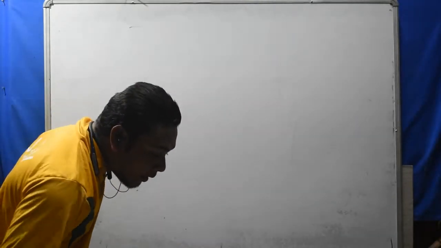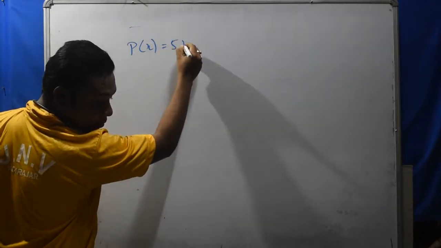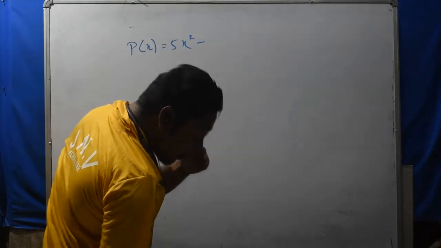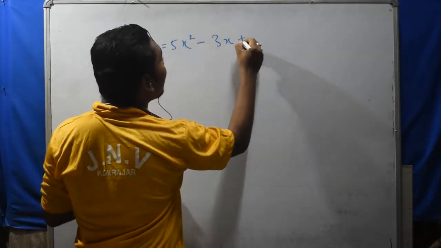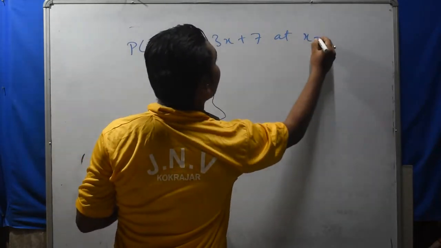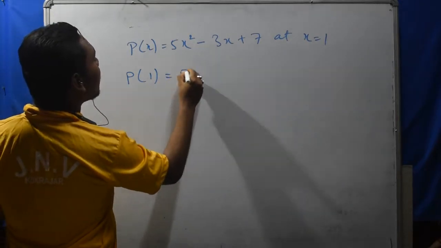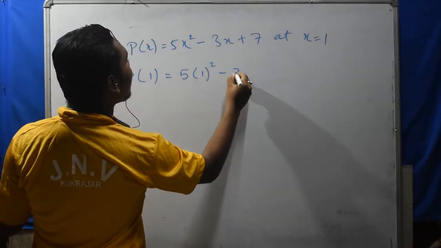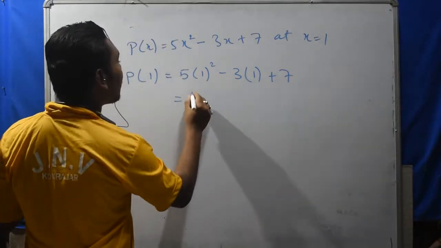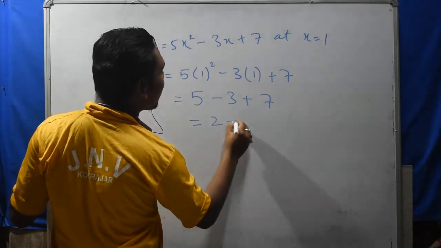So let us check p(x) equal to 5x square minus 3x plus 7 at x equal to 1. p(1) will give you 5 into 1 square minus 3 into 1 plus 7, which is 5 minus 3 plus 7. 2 plus 7 is equal to 9.